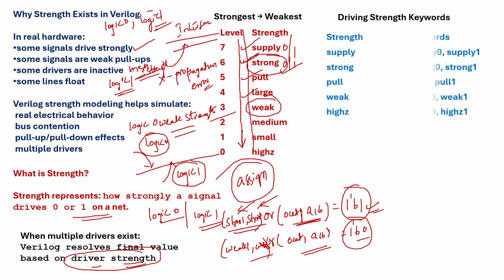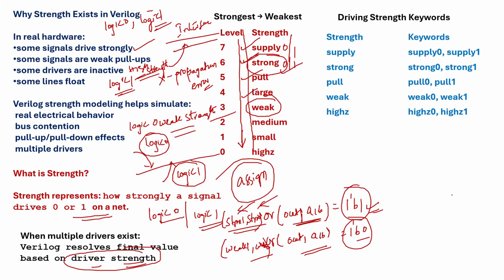Similarly here we have supply. I told you two types of supplies are there: supply 0, supply 1, strong 0, strong 1, weak 0, weak 1, pull 0, pull 1, all these. Based on these strengths we get some output, either 0 or 1.